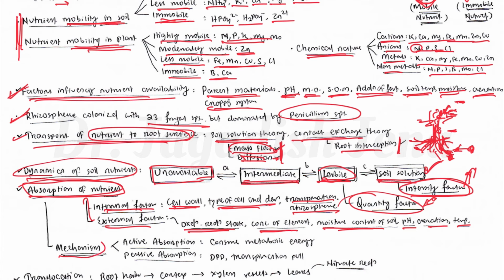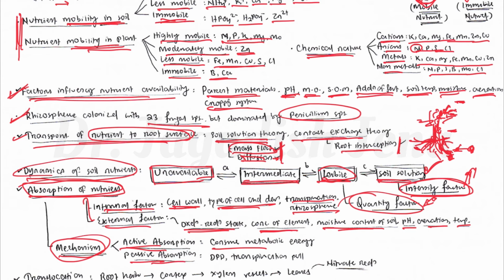Then how does this nutrient absorption happen? There are two mechanisms: one is active absorption, another is passive absorption. In active absorption, energy is consumed for absorbing the nutrient. When proper mass flow is not happening, meaning the nutrient is not coming through the water stream, then the plant has to involve some kind of metabolic energy to absorb the nutrient. That is called active absorption.